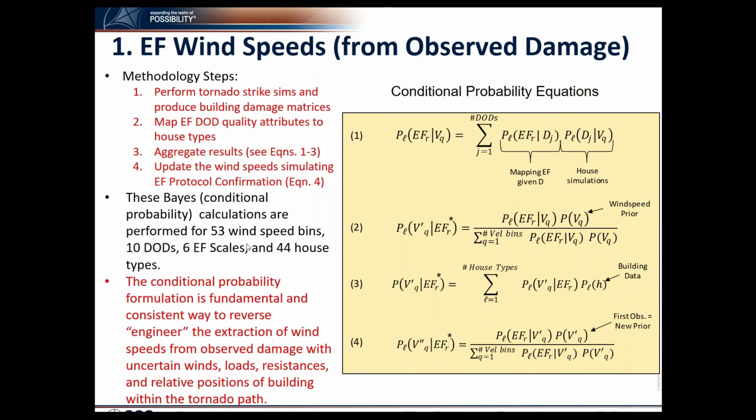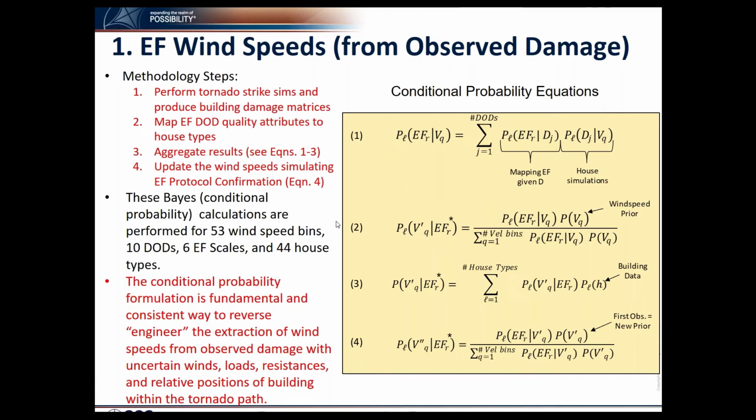The EF scale wind speeds are developed from the observed damage. We use the damage probability matrices for all 44 house cases, and for each house case, we map the DOD to EF based on the EF scale training guidance, and so we get the distribution of EF given V. Then we combine all the house cases to get the distribution of V given EF.